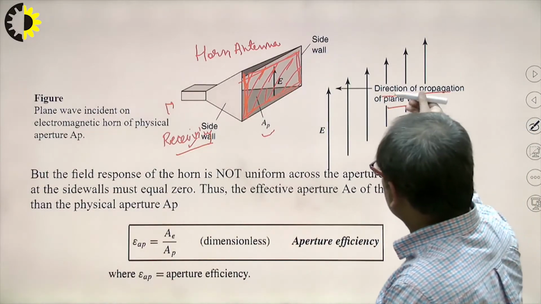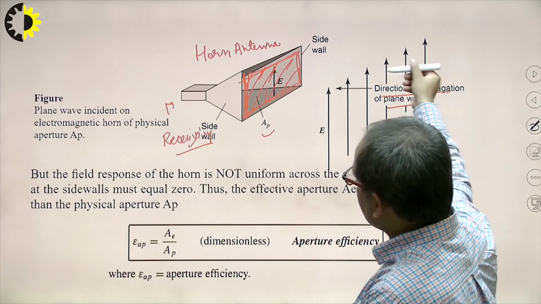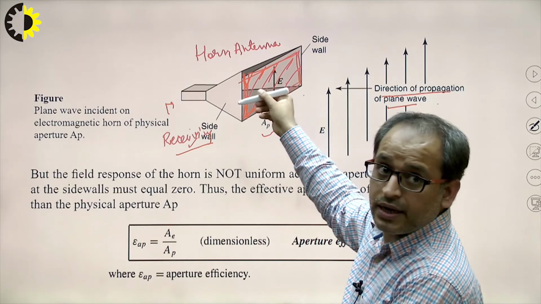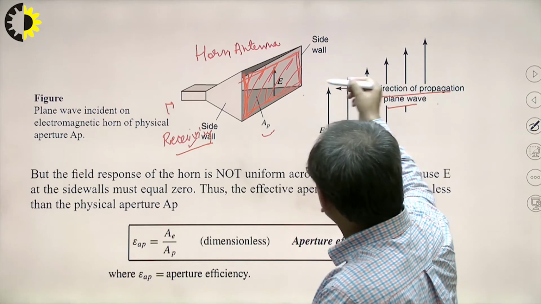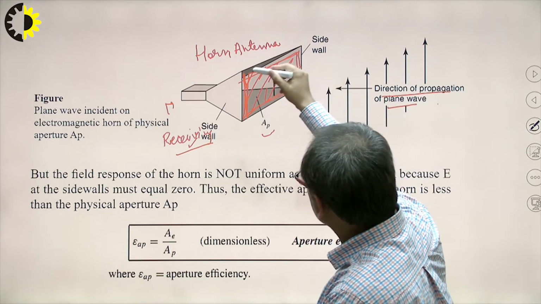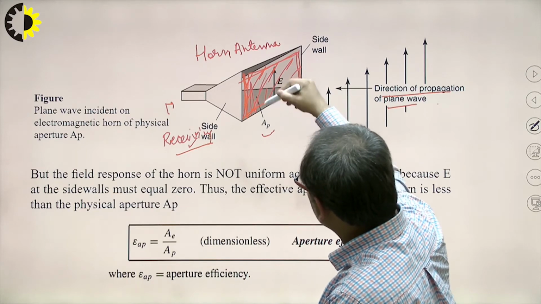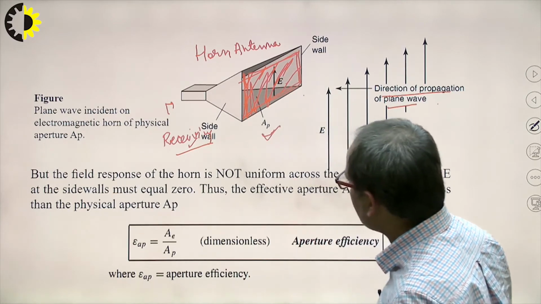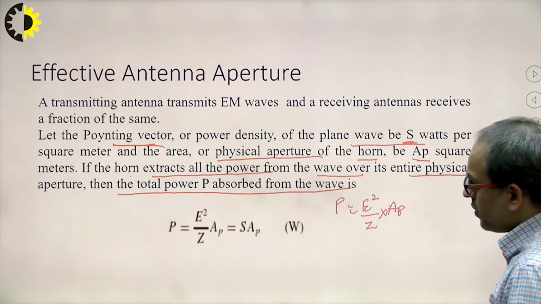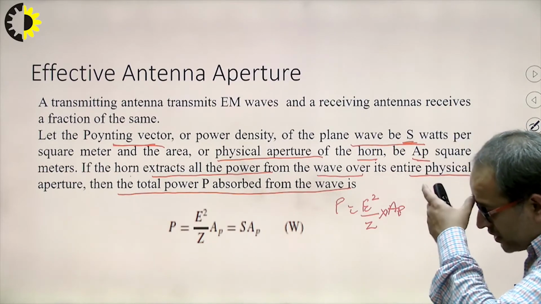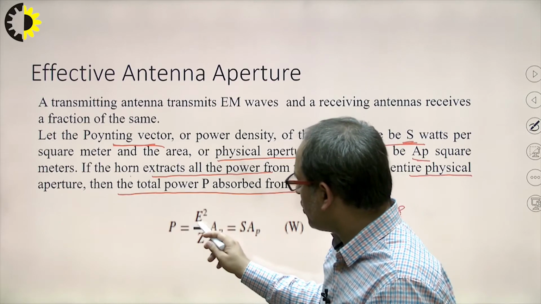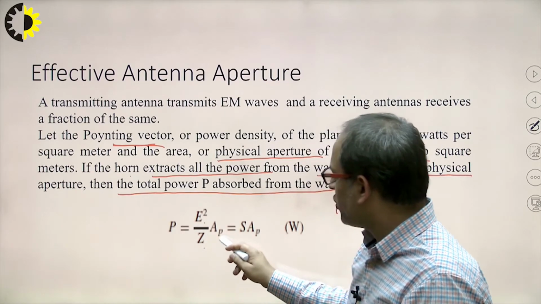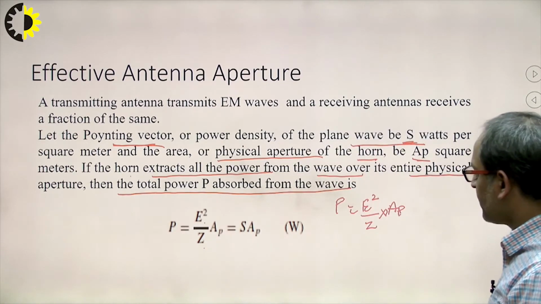Let's say these are the EM waves entering into this horn antenna from this physical area, known as AP. So the power, the Poynting vector, will be P equal to E square divided by Z into AP. Clear?